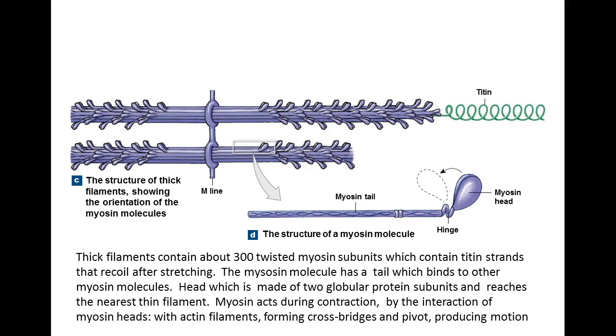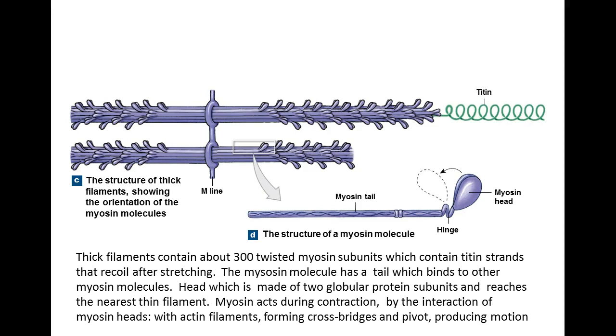And the head is where you have the binding site to the thin filament via that G-actin binding site that is going to be exposed in the presence of a calcium ion.